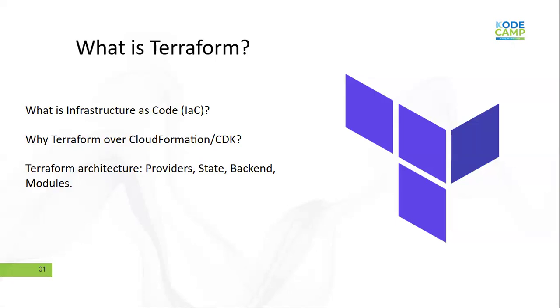If you are deploying a particular setup again, it is just an automated process, like a lift and shift, basically. So now we go to Terraform. Terraform is an open source tool by HashiCorp.